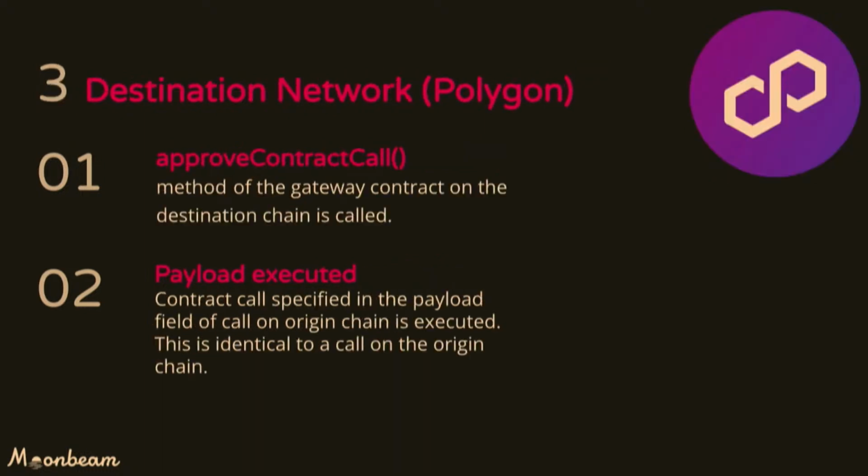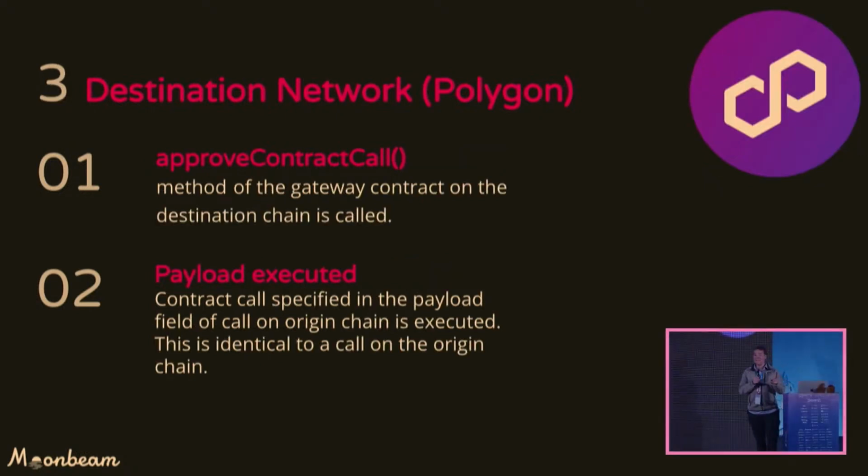This is now happening on Polygon. When it gets to the destination chain, it's going to call the approved contract call, also of the gateway contract. And this gateway contract, again, is deployed to every single network that's within the Axelar network. So we have Polygon in this example, but it would be the same thing if it's deployed onto another network as well. So approved contract call, that goes through.